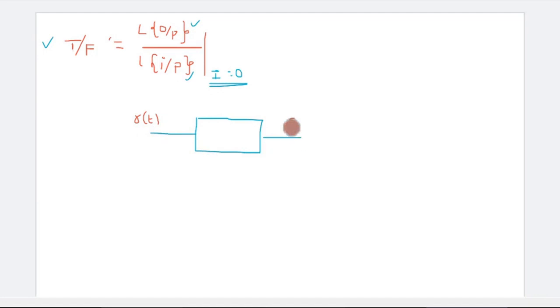Similarly, the output of the system as C of t. And this is the system. According to the definition, obtain the transfer function of this system.